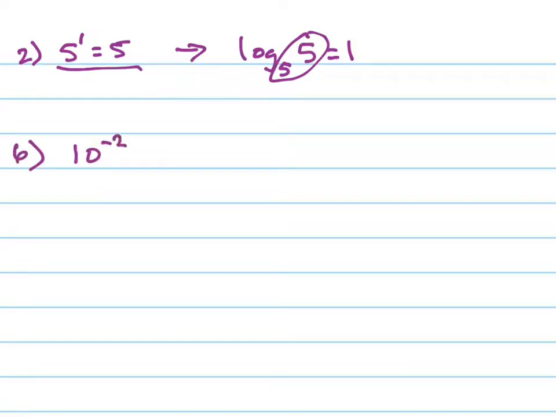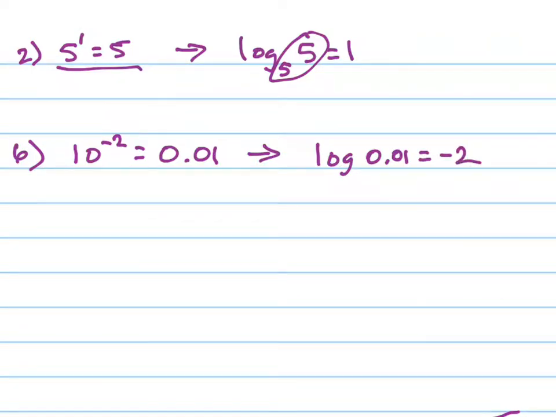10 to the negative 2 equals 0.01. Any negative exponent is going to give you a fraction. And again, a decimal is just another way of writing a fraction, right? So we're going to get log base 10, so I don't have to write it, of 0.01 equals negative 2.